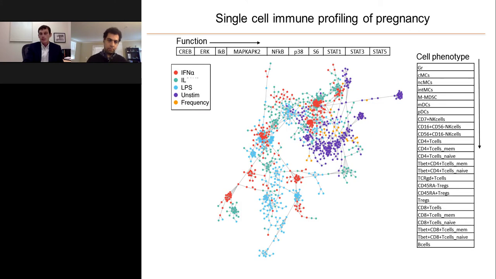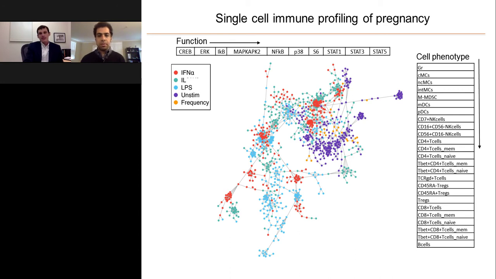And then I want to introduce you to the type of data set that we will be analyzing. So using, I think it's a 43 parameter mass cytometry assay, we're able to precisely characterize about 25 cell types, from your innate immune cells on top to your adaptive immune cells at the bottom.